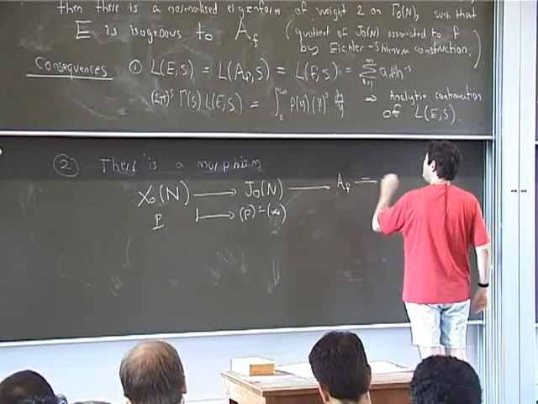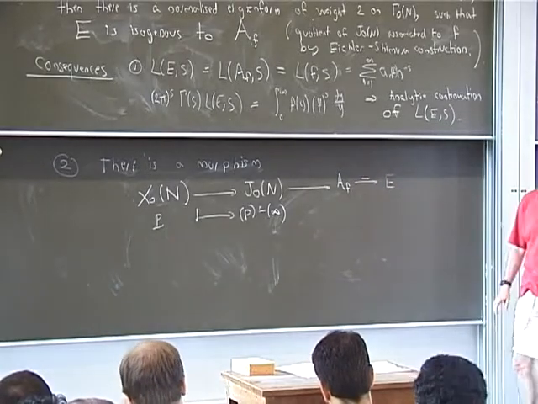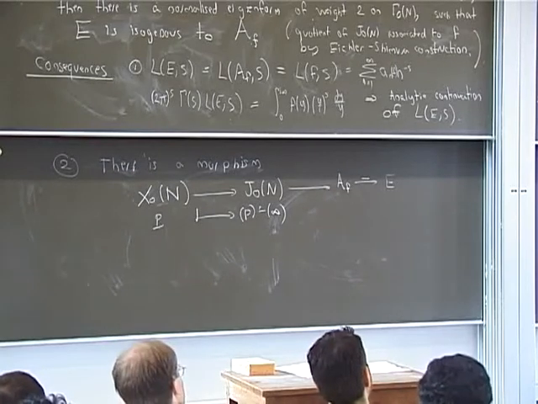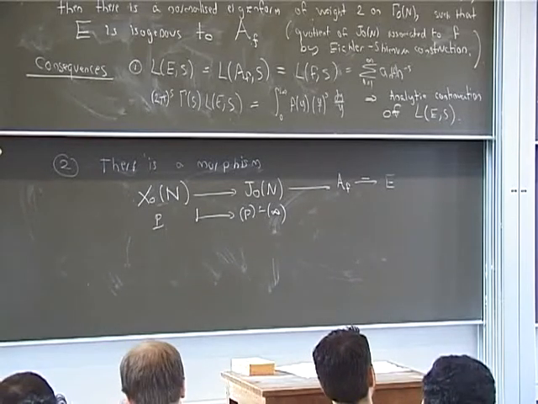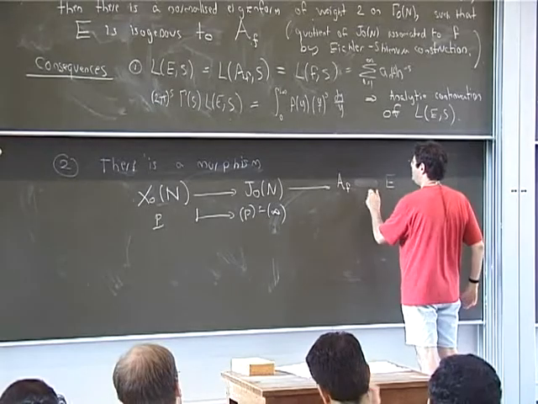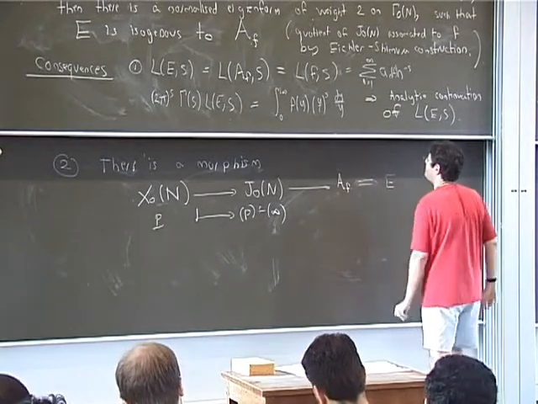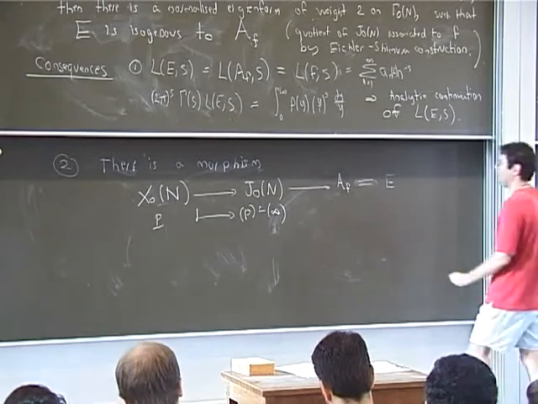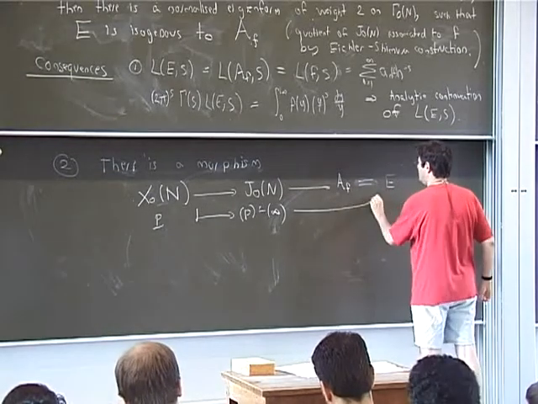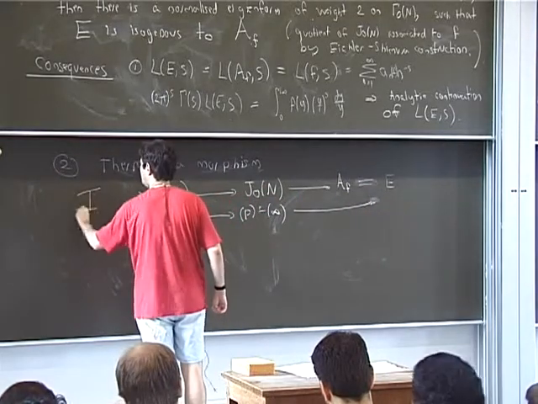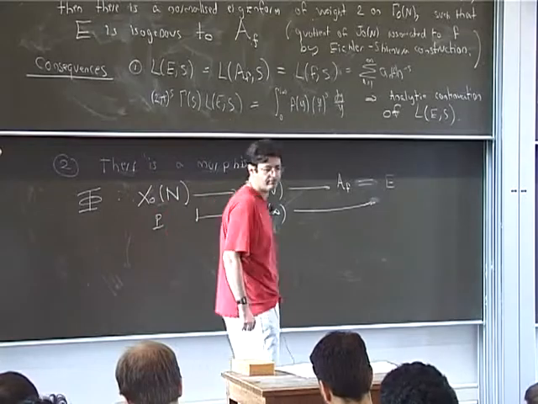Let me assume for simplicity that it's actually equal. Okay, for these various arithmetic questions, I can always replace an elliptic curve by one which is isogenous to it without changing the questions in an essential way. So I'm going to assume here, from now on, that E is actually equal to this abelian variety A sub f. And so this is just a natural projection. Okay? And I'm going to call this whole composite map capital Phi.